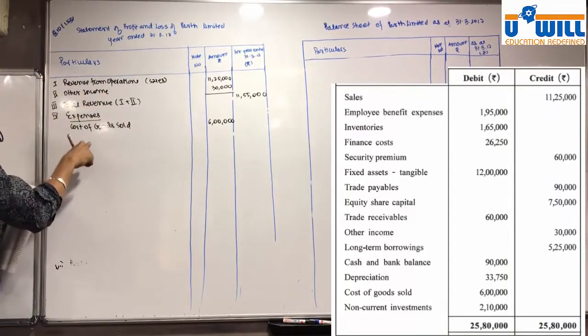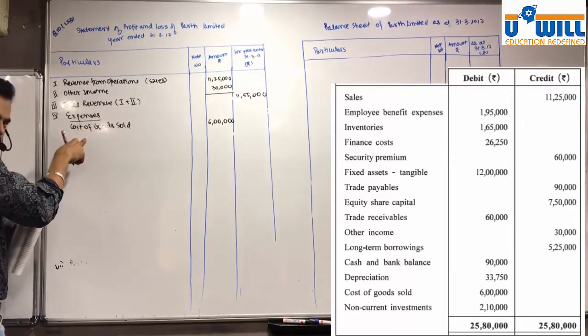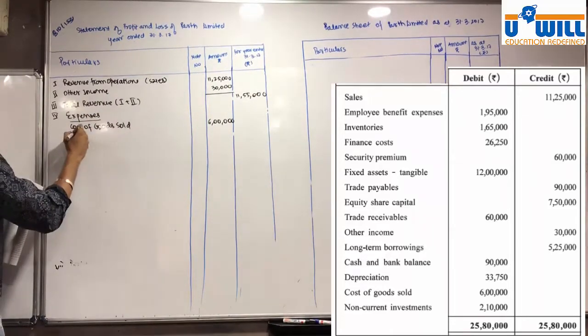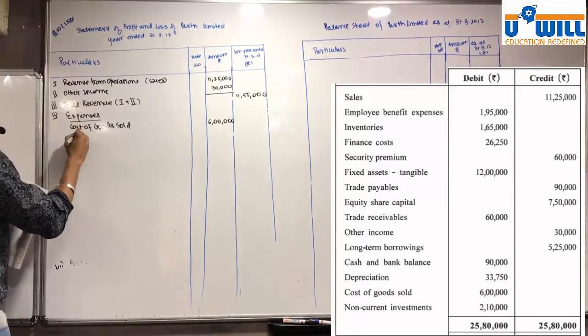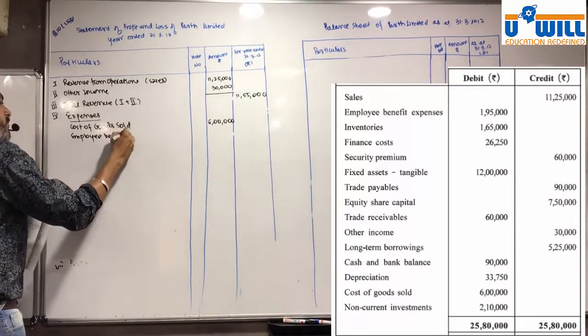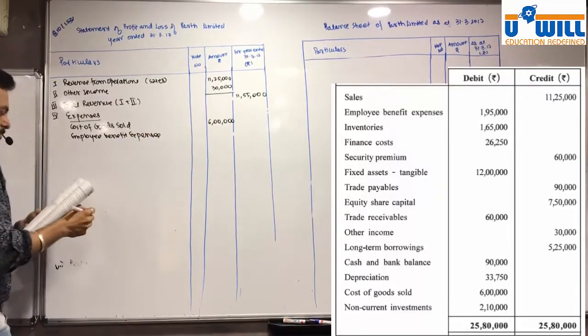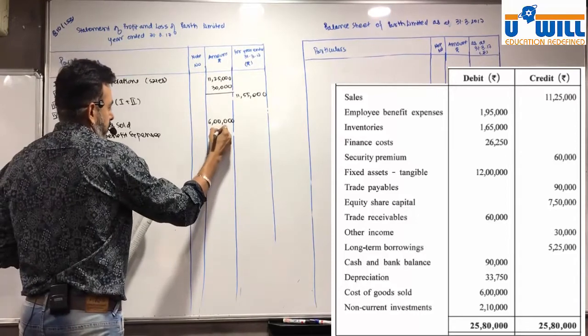Since cost of goods sold is given, purchase, direct expense, change in stock is already part of this. Okay. Employee benefit expense, already given 1,95,000.